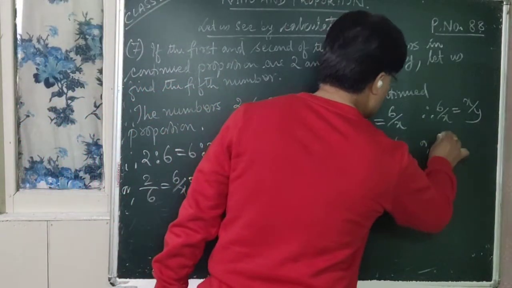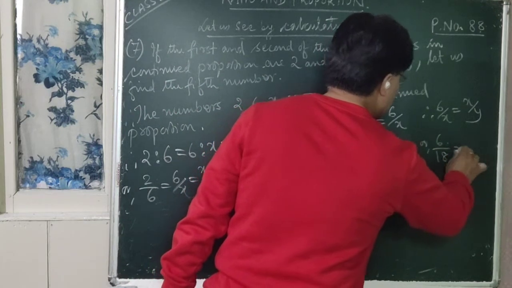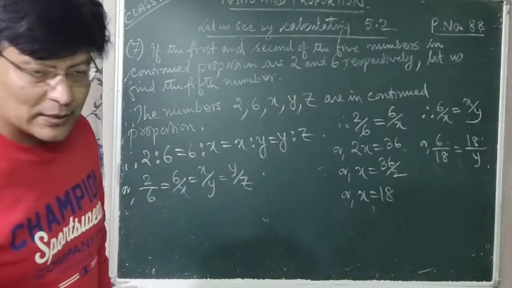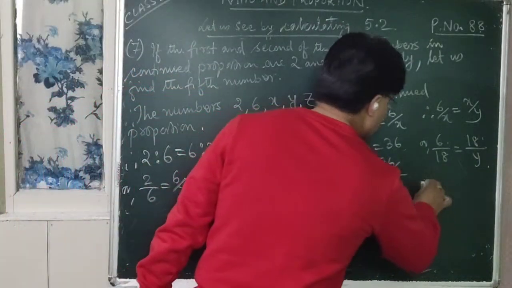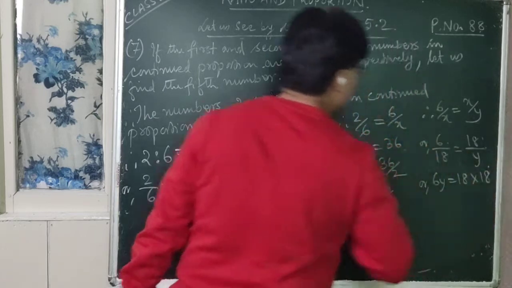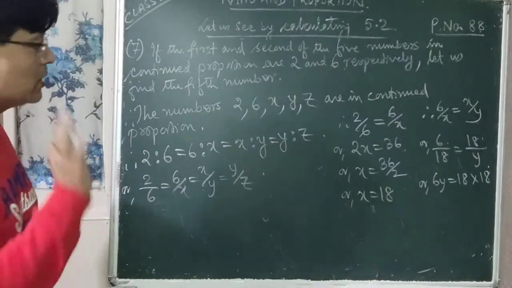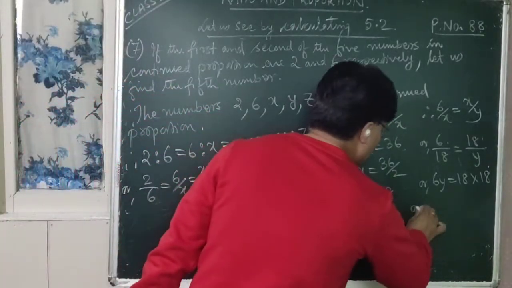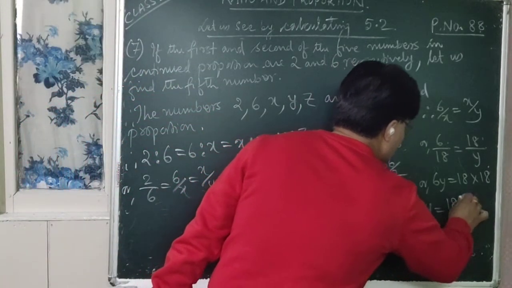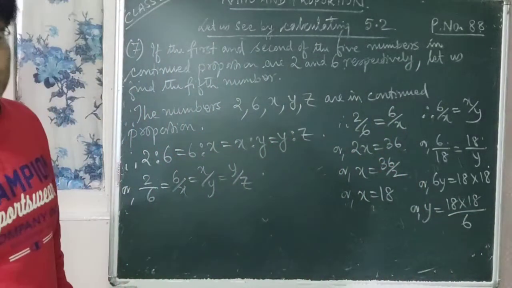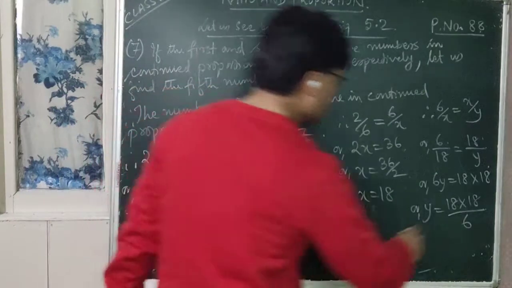So this is 6/18 is equal to 18/y, right? So let us cross multiply again. 6y is equal to 18 multiplied by 18. Is that clear? So what is the value for y again? y is equal to 18 into 18 divided by 6. Is that clear? So now you can divide it.